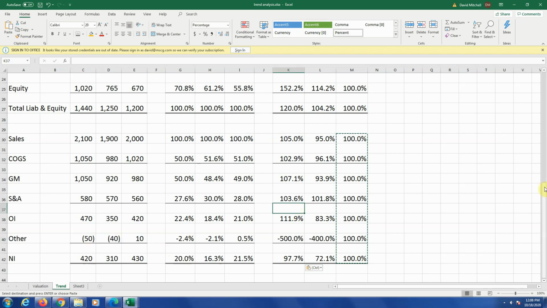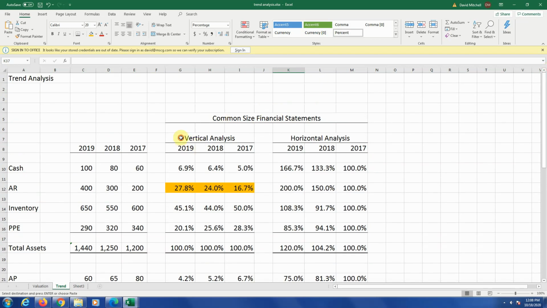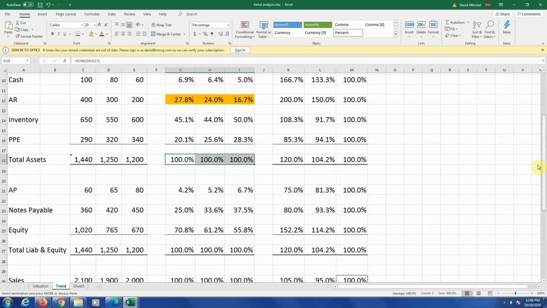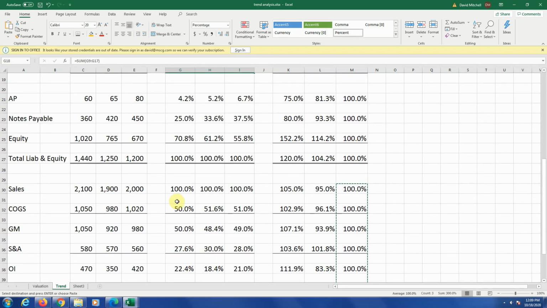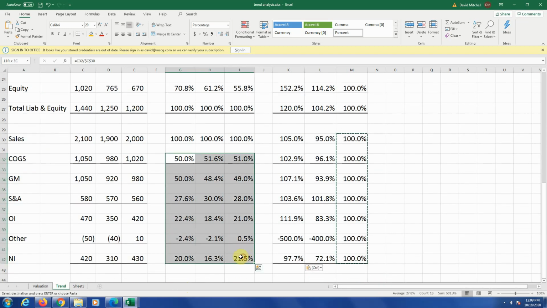And so that's it. So that's a type of trend analysis called common size financial statements, and we're looking at it from two perspectives. Vertical analysis: set total assets equal to 100%, put all balance sheet items in terms of total assets. Income statement: set sales equal to 100%, and then everything else is a percentage of sales.